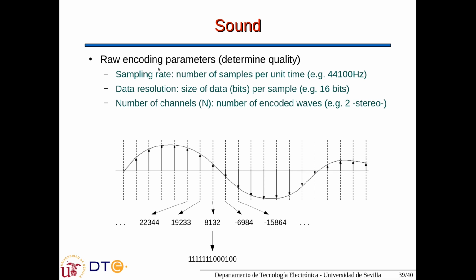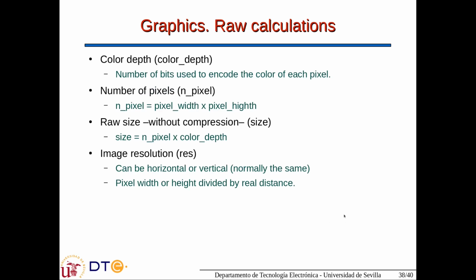Okay, so these are the basic sound encoding parameters: the sampling rate, the data resolution, which is the precision with which we represent every sample, and the number of channels that we want to encode. As I said, these are the typical values for CD, the standard CD audio quality.